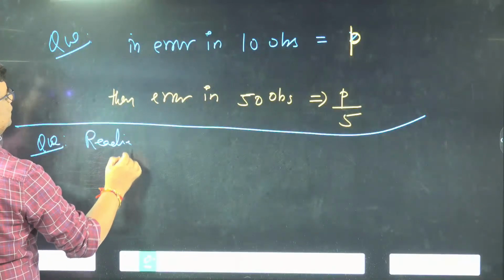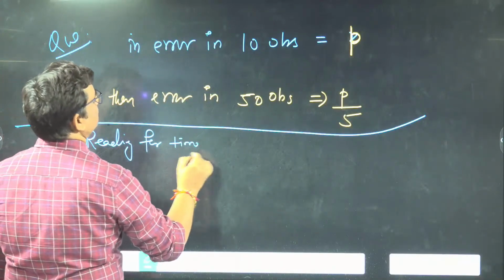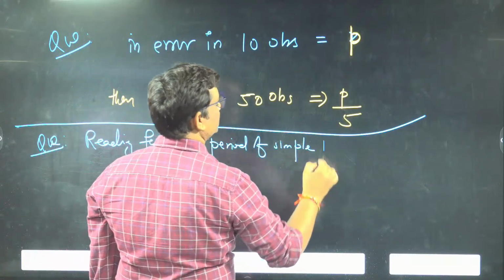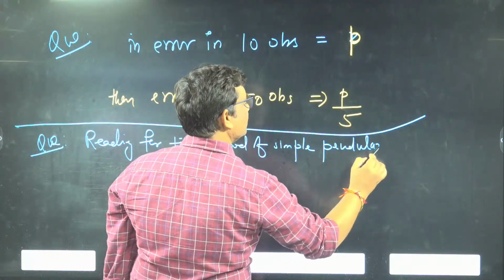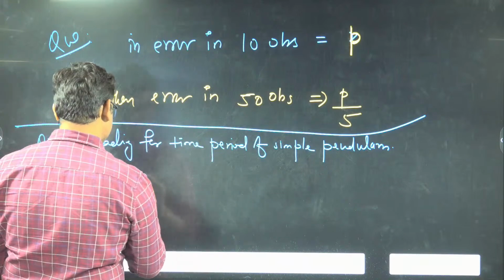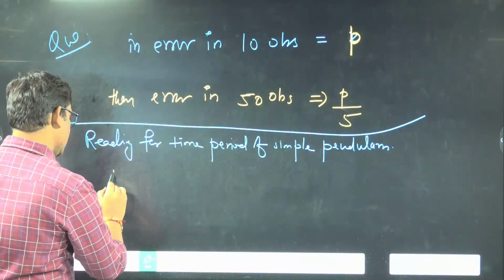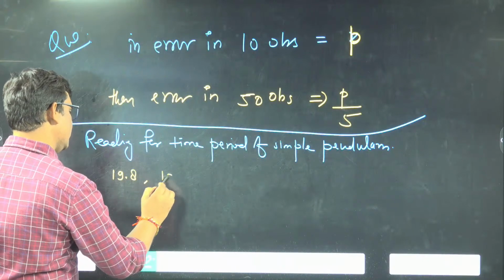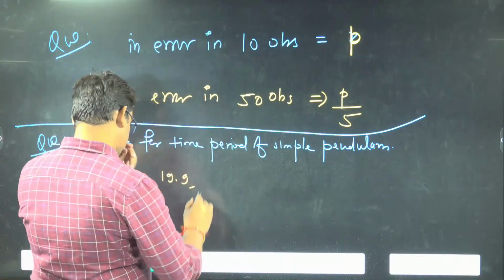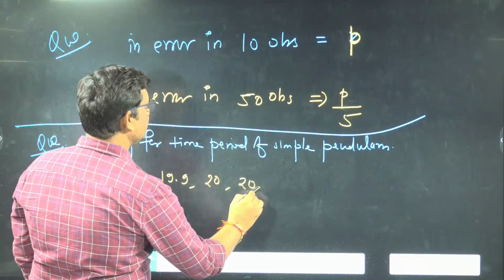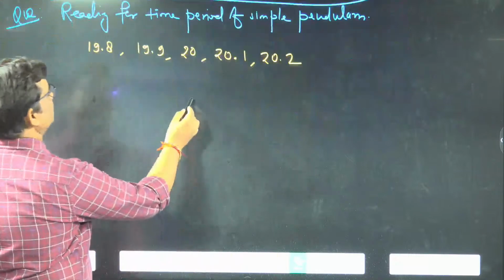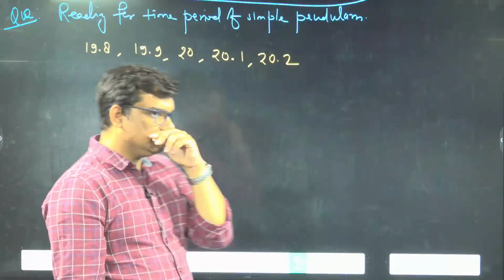I have taken readings like this: 19.8, 19.9, 20, 20.1 and 20.2. These are the 5 observations for the time period of the simple pendulum. Okay, clear?